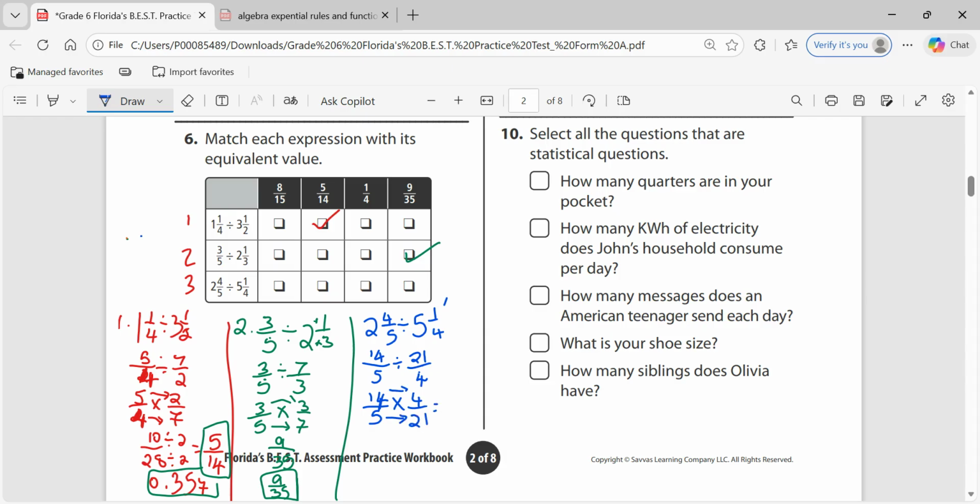So when I multiply straight across, I am going to get 14 times 4, which is 56, and that's divided by 5 times 21, which is 105.